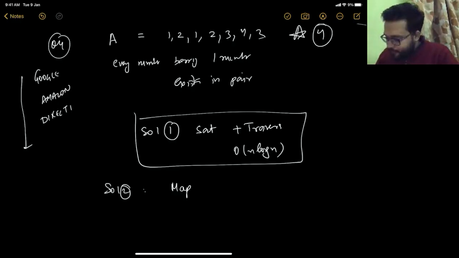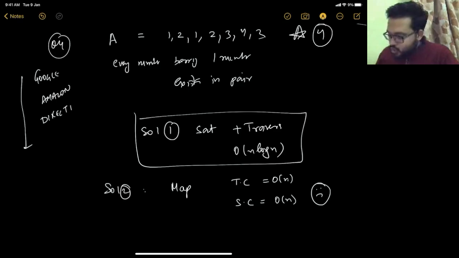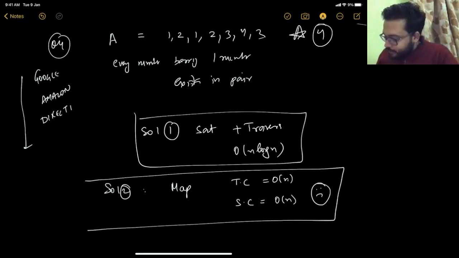So in an interview, the interviewer may say that, hey, I can't compromise on time, which you are doing in solution 1, and I can't compromise on space, which you are doing in solution 2. Then you will get stuck. But if you know bit manipulation, you will say that bitwise XOR has this beautiful property where if you XOR the same number with itself, the exclusivity gets lost and the number contributes 0.